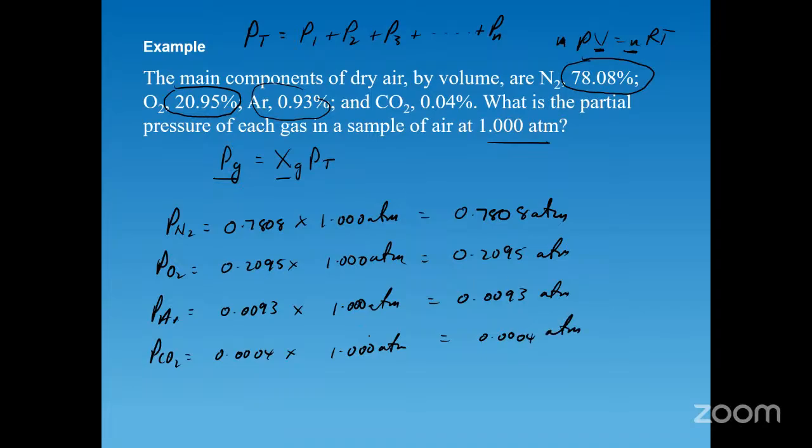And that's it. That's basically what the question is asking for. You can do a quick check to make sure that this all adds up to 1 atmosphere, just to make sure that your answer is at least valid, if not correct. So 0.7808 plus 0.2095 plus 0.0093 plus 0.0004.